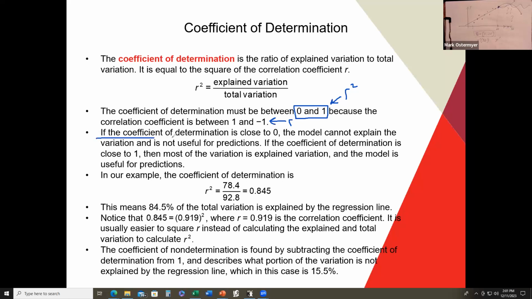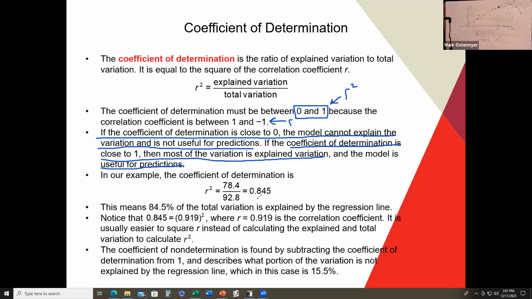So if the coefficient of determination is close to 0, the model cannot explain the variation and is not useful for predictions. If on the other hand, the coefficient of determination is close to 1, then most of the variation is explained variation, and the model is very useful in making predictions.